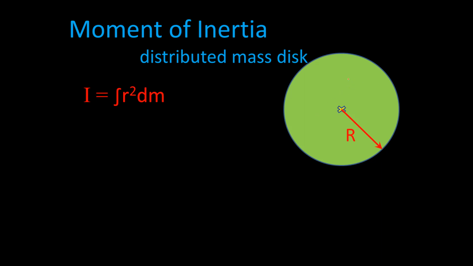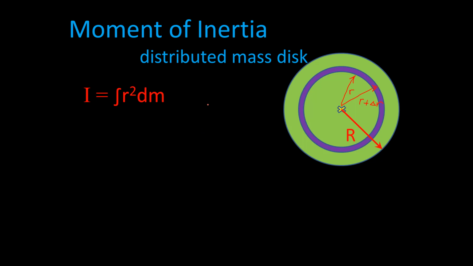So let's take a look at a thin annular region like this. And we're going to say that we go from a radius of r out to r plus delta r. So let's see, my little bit of mass here.